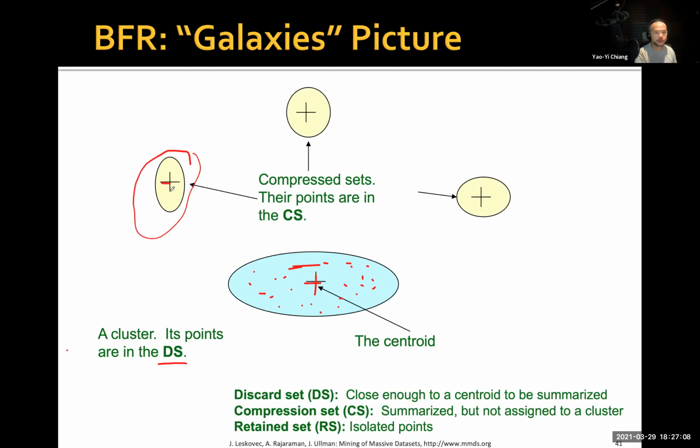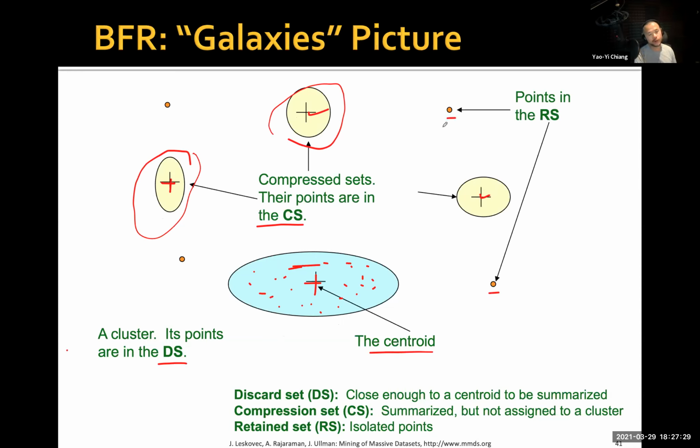They all have a centroid, and we say these are the CS because they are not close to any of the centroid for your DS. And you have your RS. These are the points that are far away from each other and also far away from any CS or any of the DS. Okay, three types of data.